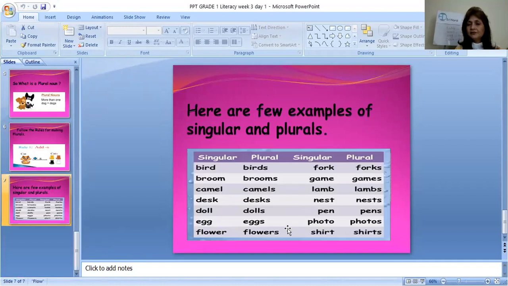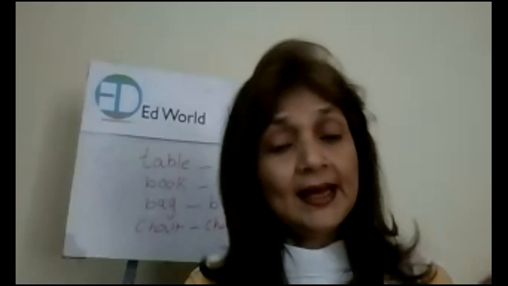And these are the different singular and plural nouns: bird, birds, broom, brooms, camel, camels, desk, desks, doll, dolls, egg, eggs, flower, flowers, folk, folks, game, games, lamp, lamps, nest, nests, pen, pens, photo, photos, shirt, shirts. So this was all about singular and plural with an S, right?